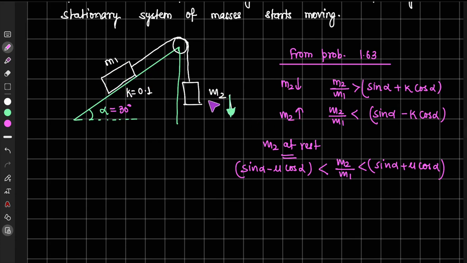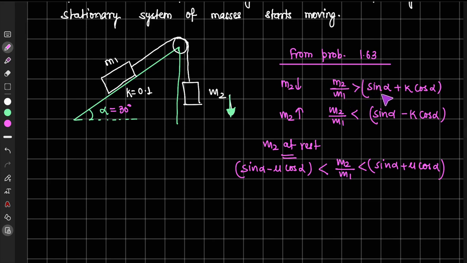If mass m2 is going in the upward direction, then m2 by m1 should be less than sin alpha minus k cos alpha, and if it is at rest, then there is a separate condition for m2 upon m1. So let us first find out sin alpha plus k cos alpha, and see whether it is less than m2 upon m1.